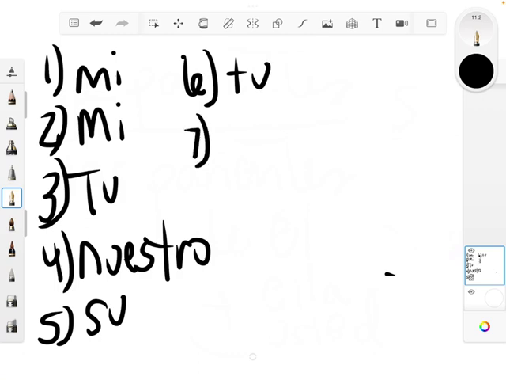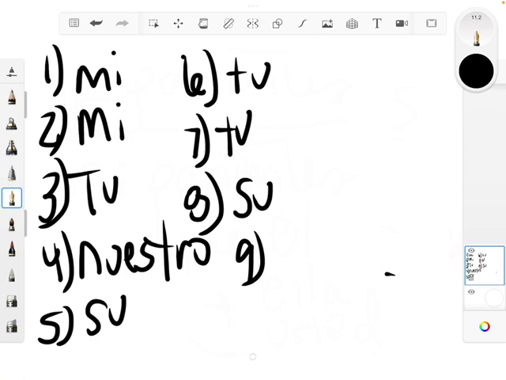7 es tu maleta. 8, su sobrina. Su sobrina es alemana. 9, sus primos son franceses, again, because it matches primos.